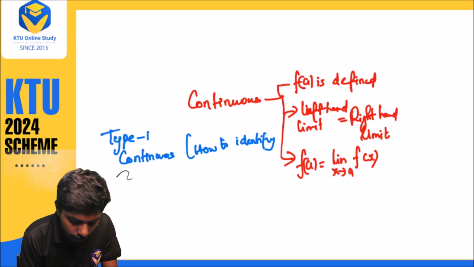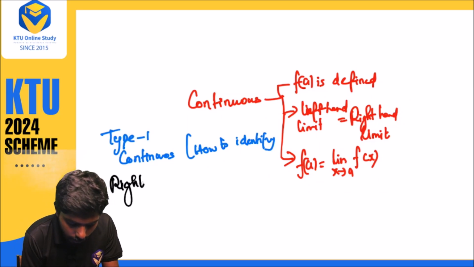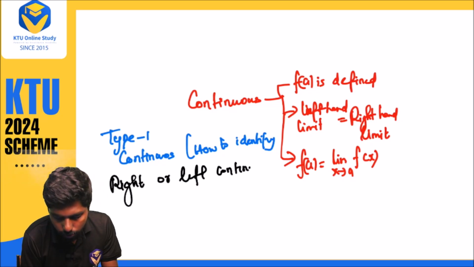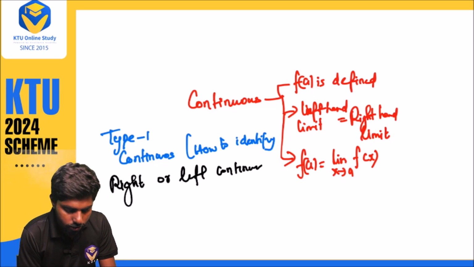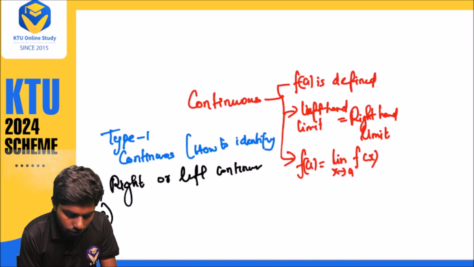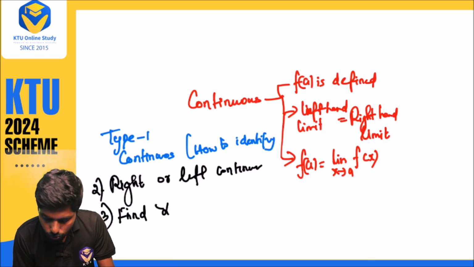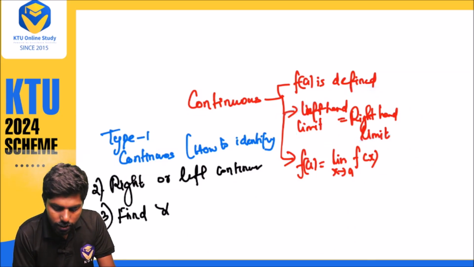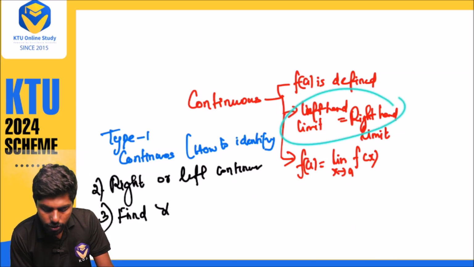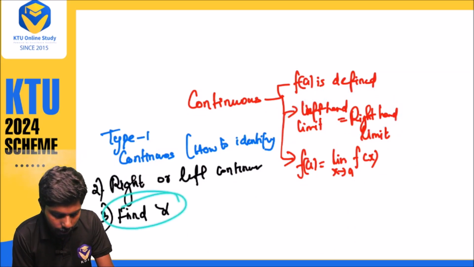The second type is right or left continuous. The third type is finding a, using the second condition, that the left hand limit is equal to the right hand limit, you can find the a value.